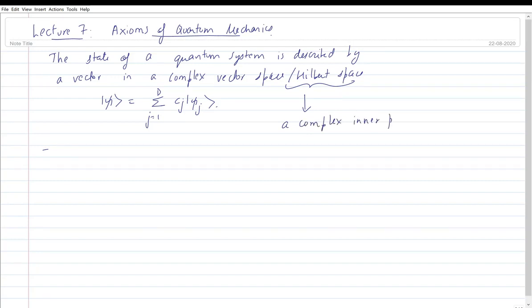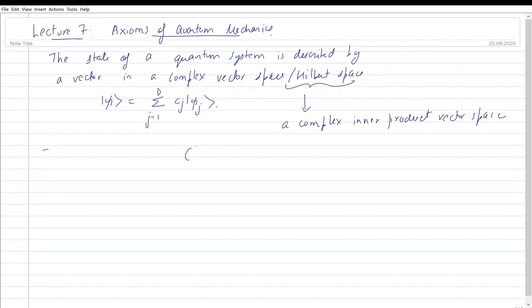So essentially it's a vector space with a well-defined inner product.